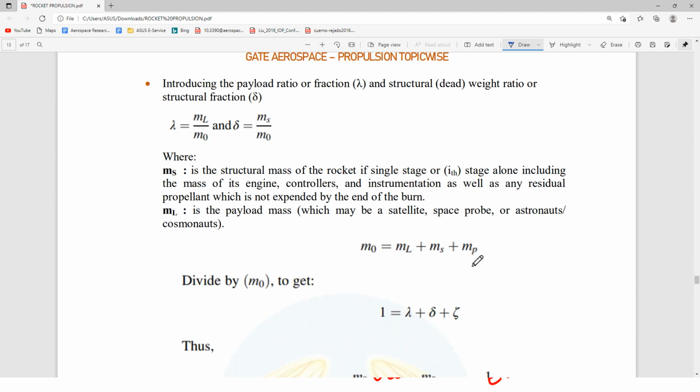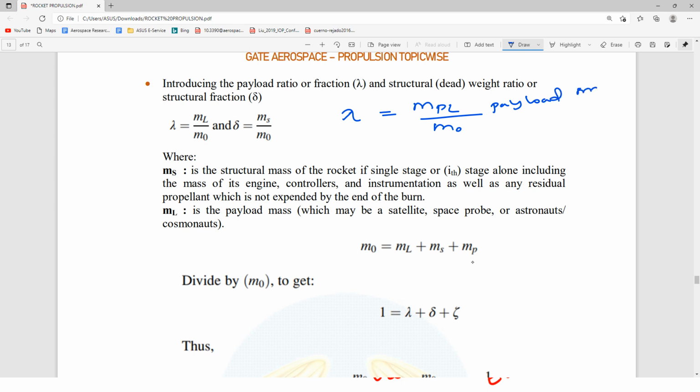Now coming to multi-stage, there are a few factors, okay? One is the payload factor, the payload ratio. Here we are going to denote it with different nomenclatures. So you can take lambda as the payload ratio, which is the ratio between the payload mass and the initial mass.